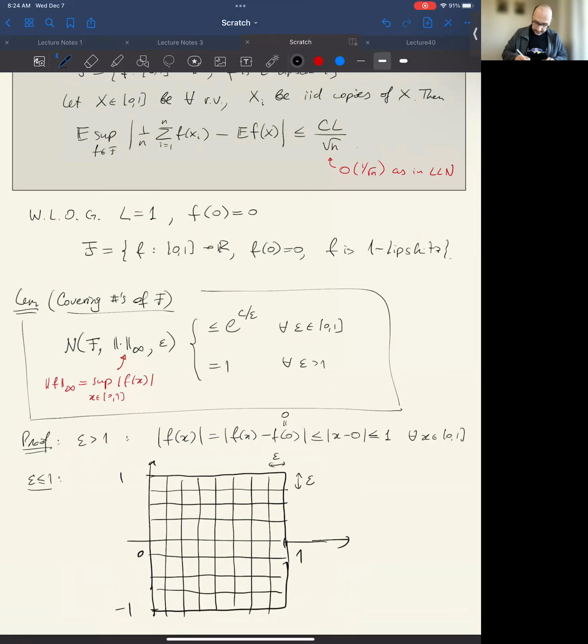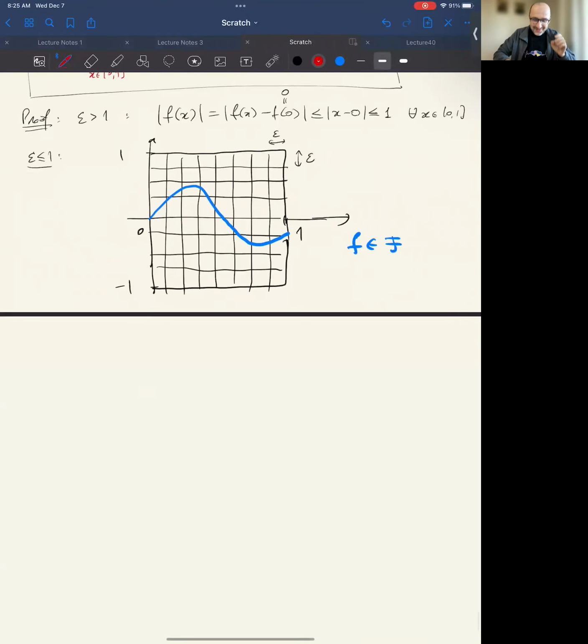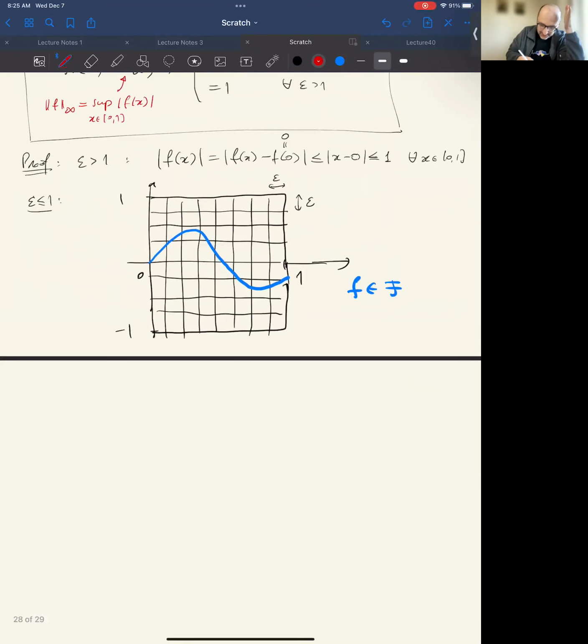Now look at any Lipschitz function, for example, this one. This is our f from the class. How do we approximate it? Proof by picture. Here's how we approximate it. The function goes up, so I will make it go up but now I'm fixing it to the grid.